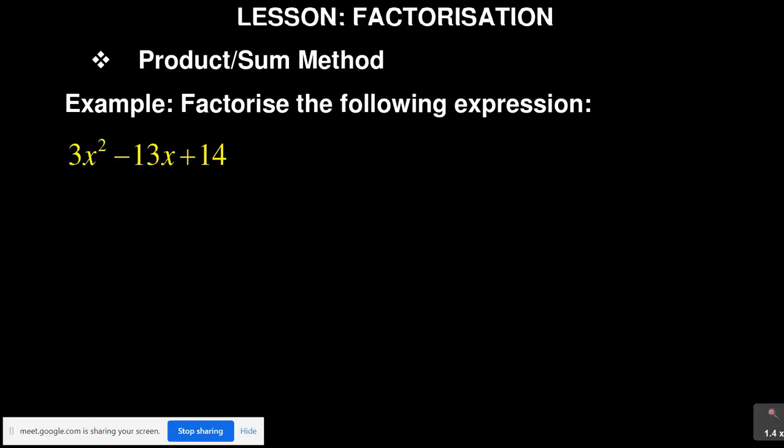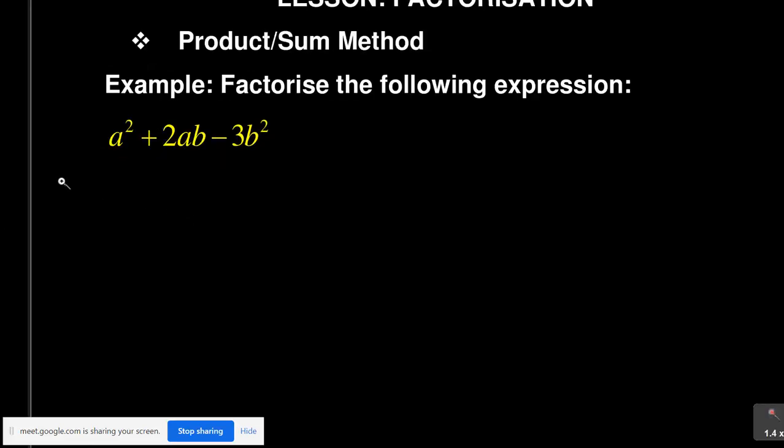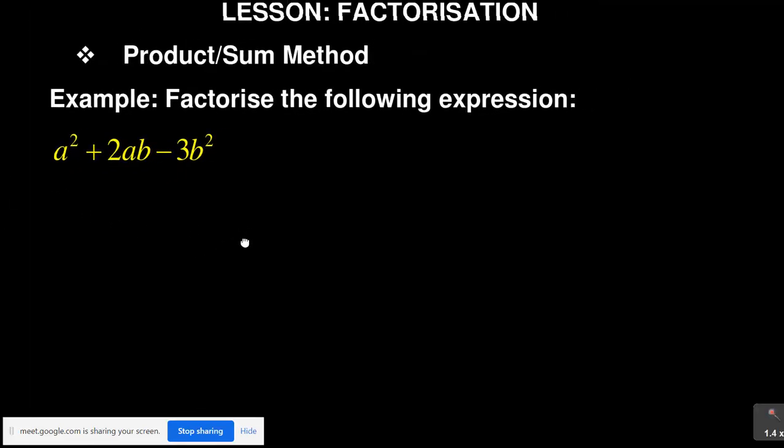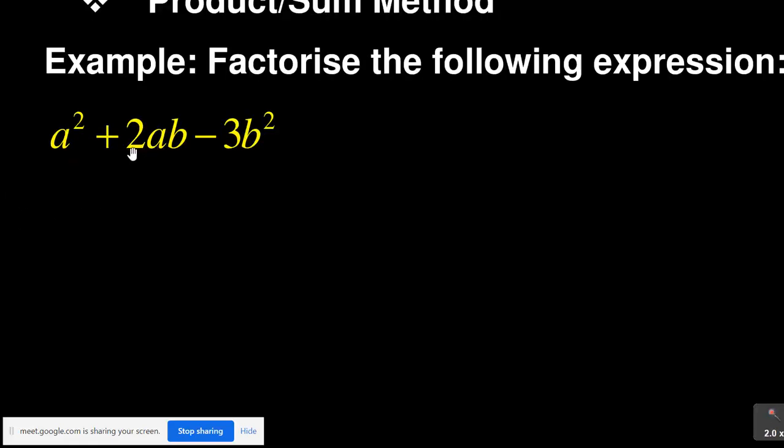Alright. Now on this kind, this is another one that sometimes they bring in just as a confusion, but it's not supposed to confuse, whereby they bring in two different variables like an a squared and a b squared. So what I want to remind you, when they give you something like this, the concept remains the same. You focus on the numbers. There is a 1 there. You multiply that and you multiply that.